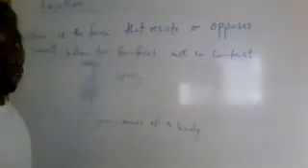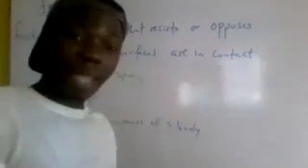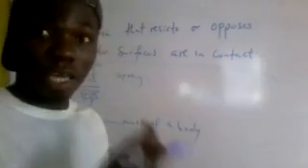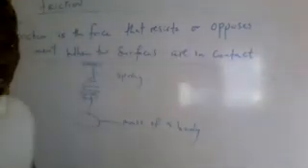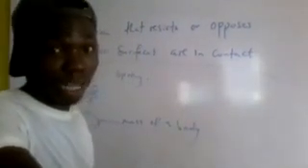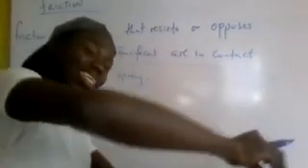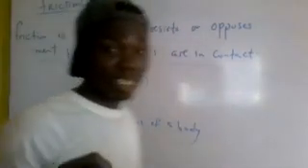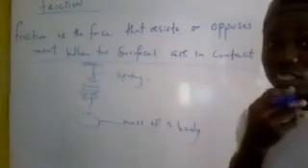Yes. So when you suspend that spring vertically and you attach a mass or an object to it, and you want to measure the weight, you see the extent to which it stretches.